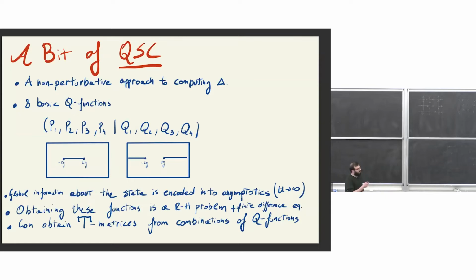I'm simplifying a lot, there is a lot of numerics behind it, but the idea is that we have shifted the problem from trying to diagonalize a Hamiltonian or computing Feynman diagrams to this: I can build these P and Q functions, construct them with some constraints, and extract the anomalous dimension. I'm saying a lot of words, but as we have heard during these days, this is a Riemann-Hilbert problem plus some difference equation that I will show you.